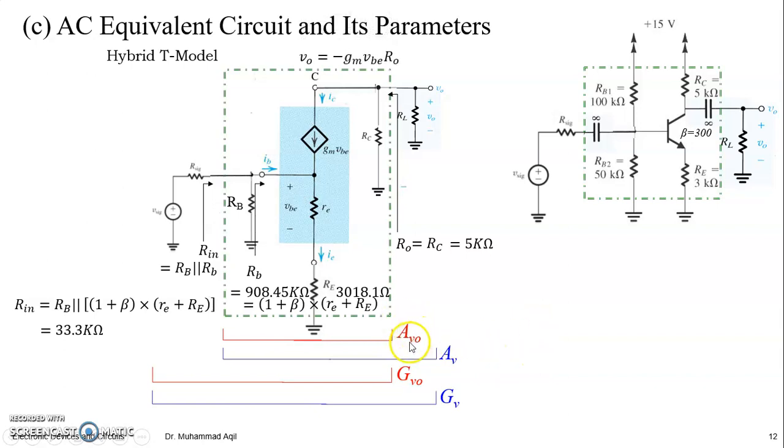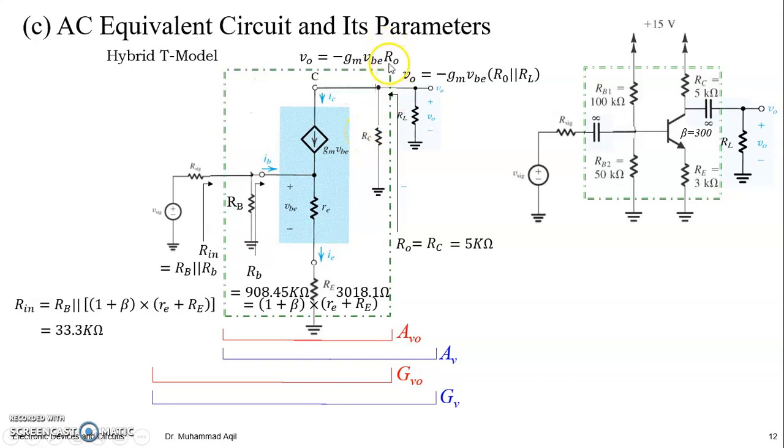So for these gain parameters, we need to find the output at the output of the stage, right? Output while including the load, like this one, right? So when we exclude RL, what will be the voltage here? Excluding RL, it is the current in this output resistance multiplied by this resistance, right?